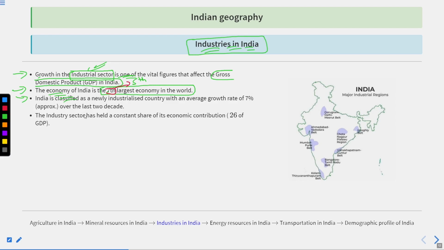India is classified as a newly industrialized country with an average growth rate of approximately 7% over the last 2 decades. Industry sector has held a constant share of economic contribution, that is 26% of our GDP comes from the industrial sector, also called the manufacturing sector or the secondary sector.